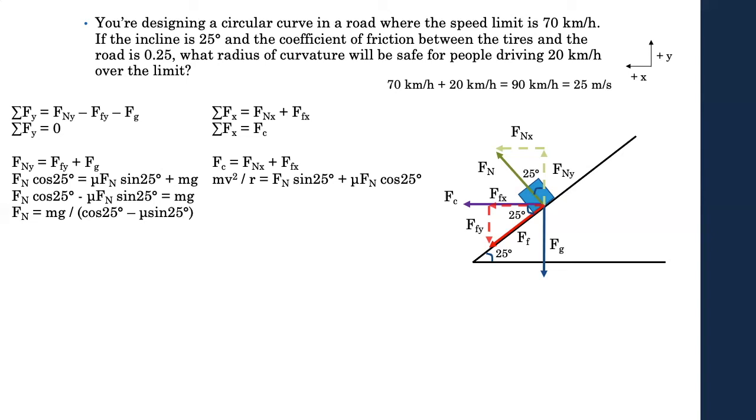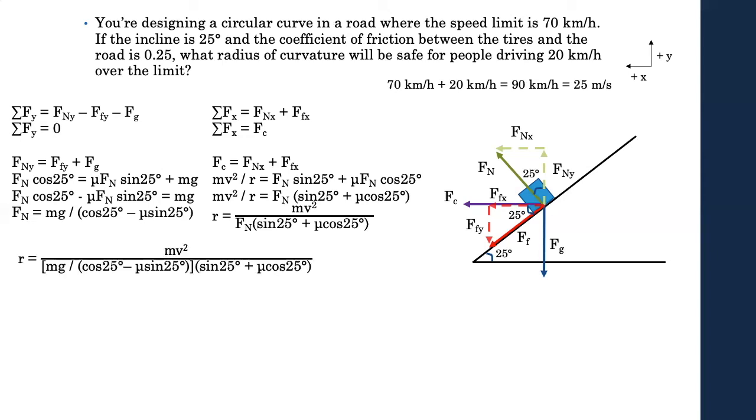And again, this becomes a mission to rearrange. All I did here was rearrange for r, because the radius of curvature is what we're trying to find. And so again, we stop because we don't have mass. But we found the normal force in our first equation, and we can sub that into the second equation we derived. So now we have this big, long, cumbersome line to put on our calculators.